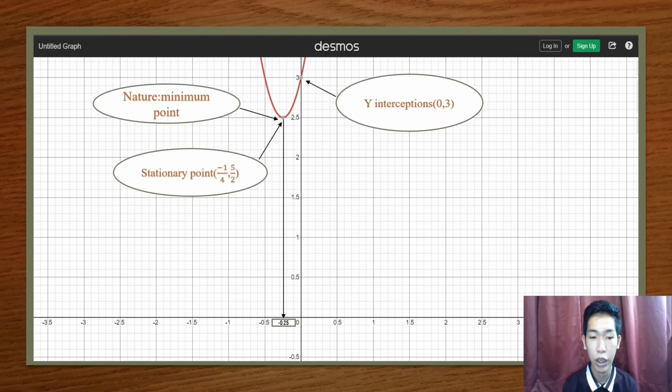After that, we can connect all of the points together. This is the final result of the graph. So lastly, we can see the nature is a minimum point. That's all from us. Thank you everyone.